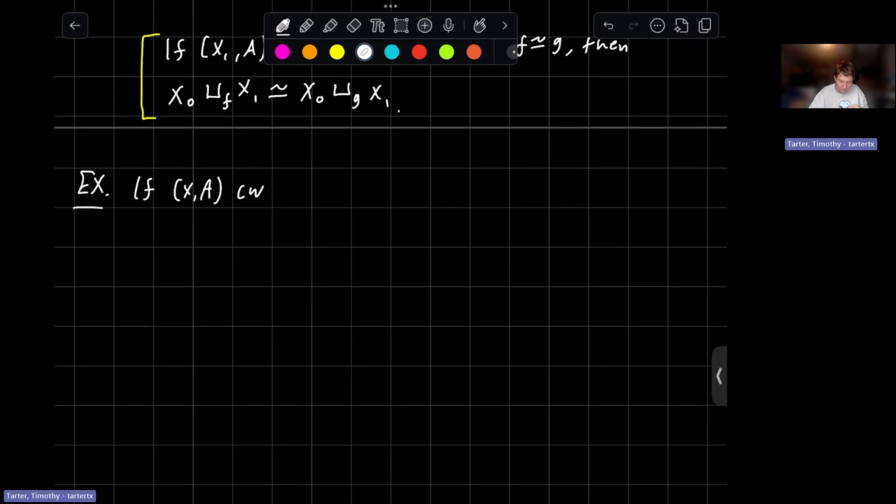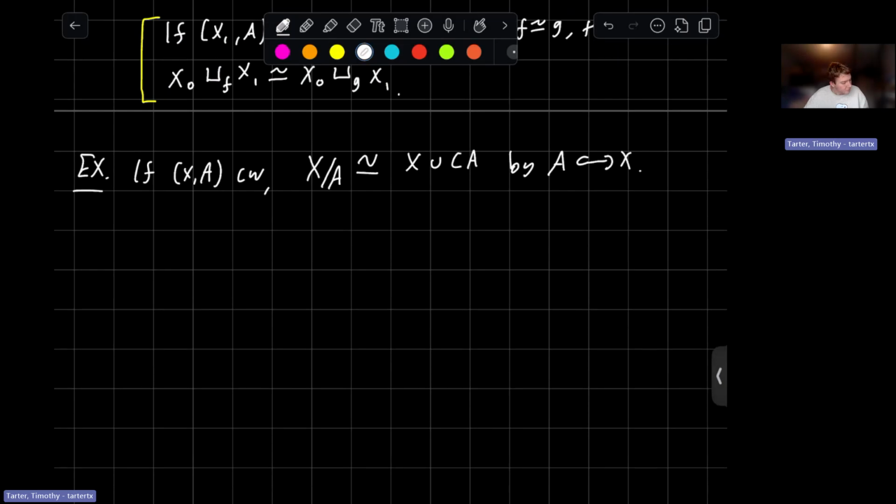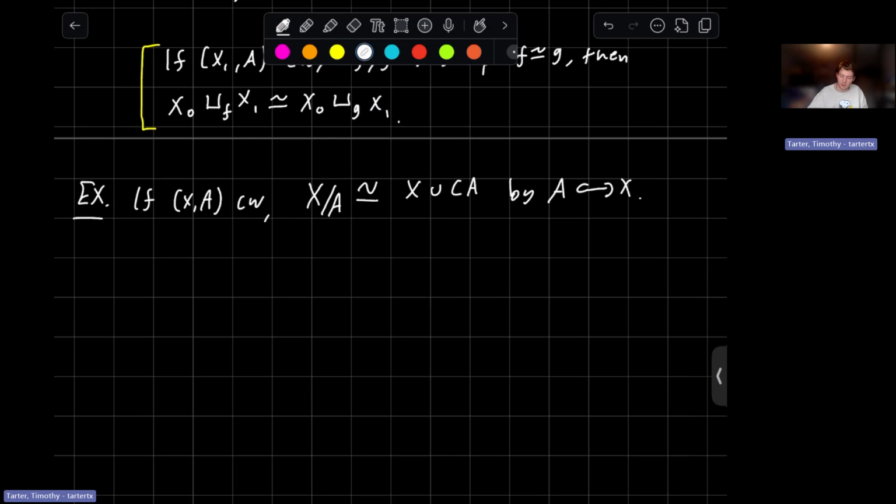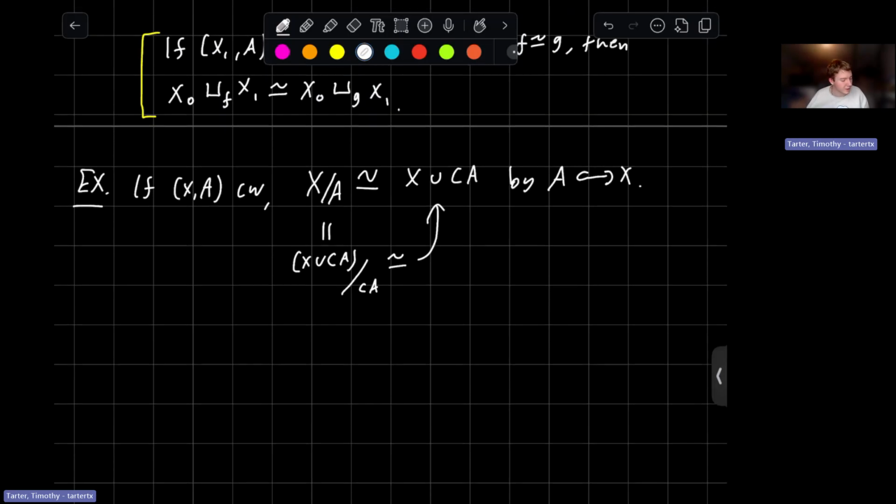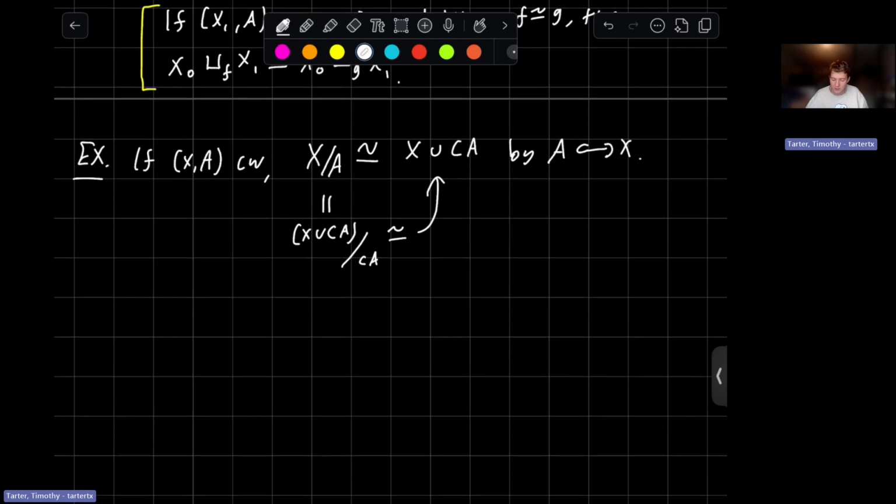If (X, A) is a CW pair, then X mod A is homotopy equivalent to X union, I'm assuming this is a union, the mapping cone of A by the inclusion of A into X. So basically X mod A is equal to X union CA mod CA, which is homotopy equivalent to X union CA, because basically the cone CA is the most obvious contractible subcomplex of X union CA.